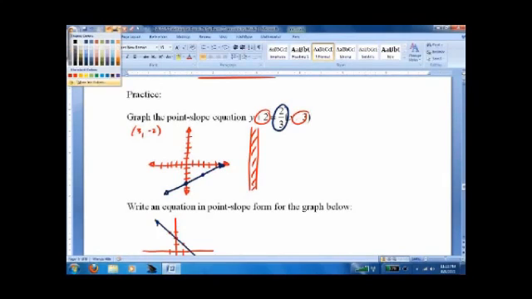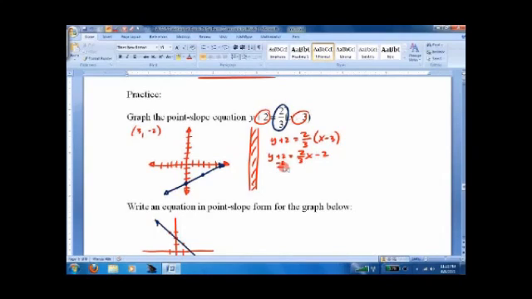I never recommend that. What I would do is rewrite the equation. Y plus 2 equals 2/3 x minus 3. And distribute the 2/3. Y plus 2 equals 2/3 x minus 2. Rewrite. Get y equals 2/3 x minus 4.